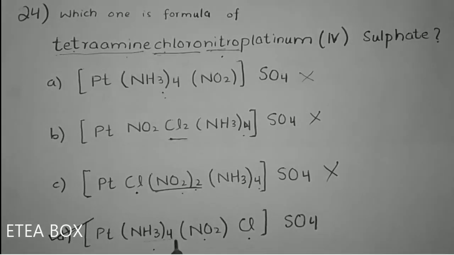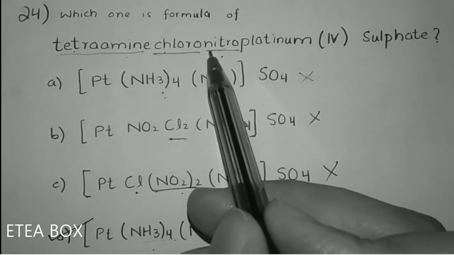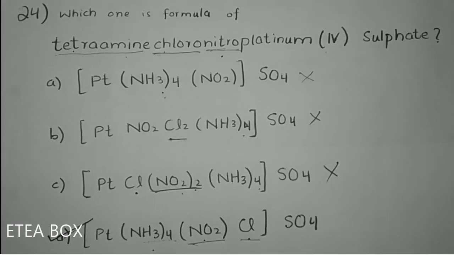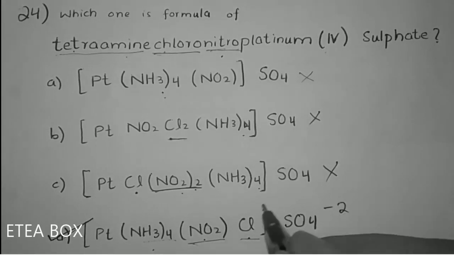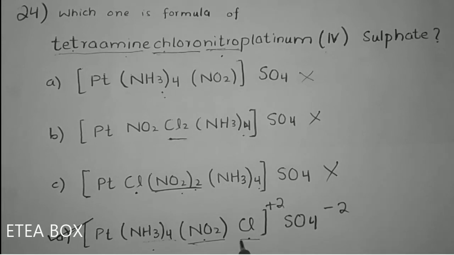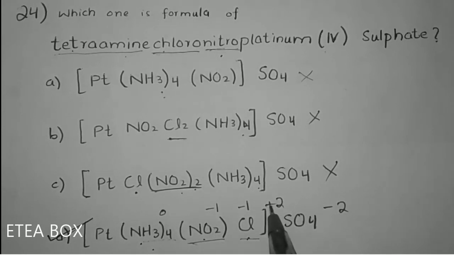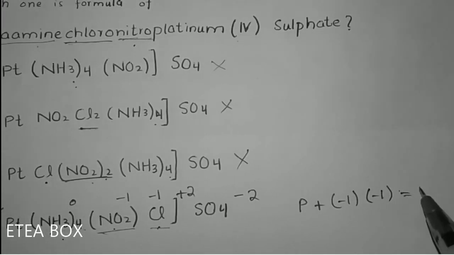Tetraamine chloro nitro platinum plus 4, platinum(IV) sulfate. Look, we know that sulfate is -2, so the complex ion is +2. Chlorine has -1, NO2 also has -1, and the ammine is neutral, so it is 0. Now +2: platinum plus -1 and -1 is equal to +2.